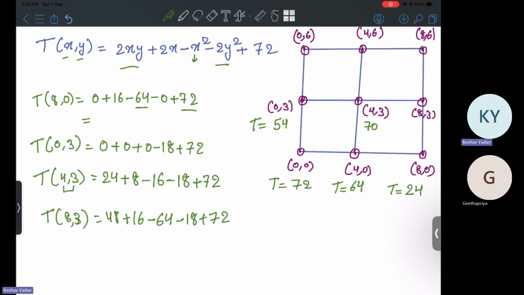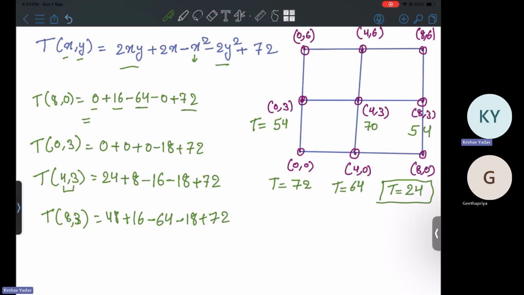So 48 plus 16 minus 64 minus 18 plus 72. So this will be 54 again. You verify this point one more time. If I put 8 here, that will become 0. That will become 16. That will be 64, 72. So this difference will come as 8. No, it is fine.